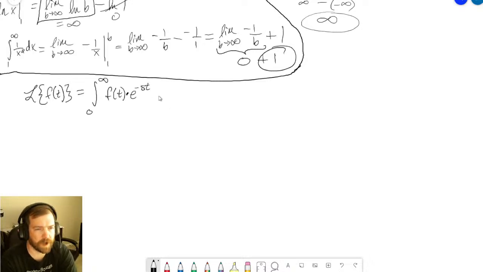Where s is just some constant, but then we evaluate this on, of course, e to the negative st f of t dt, which is going to give us a capital F of s.